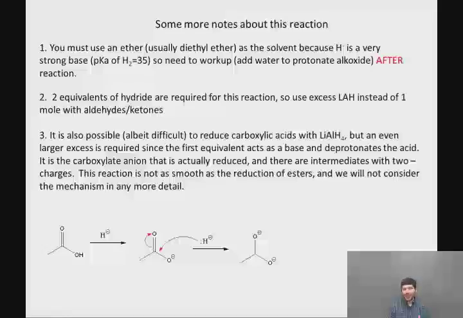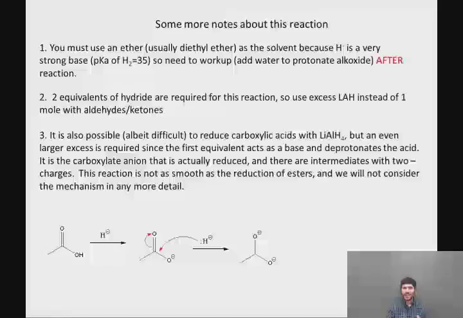But an even larger excess of lithium aluminum hydride is required, because what's going to happen is that the first equivalent that you add is going to act as a base and deprotonate the carboxylic acid to make the carboxylate anion. The carboxylate anion then gets attacked by hydride, and the result of this step is that you have an intermediate with 2 negative charges. Okay, this does happen.